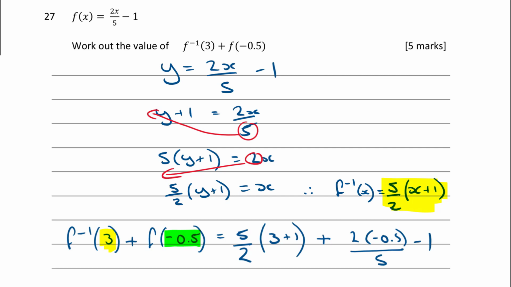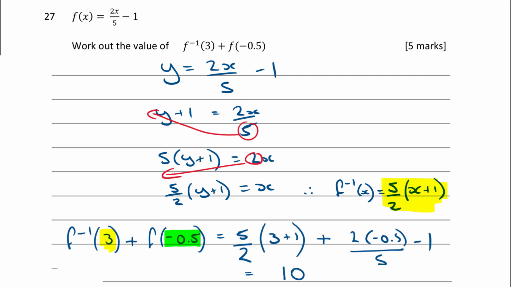Okay, let's see if we can simplify some of this now then. In that bracket I've got 3 plus 1, which makes 4. 4 times 5 is 20, and 20 divided by 2 is 10. So that first bit becomes 10. What have we got in the next part? Plus, well, it's going to become negative, isn't it? So I've got 2 times negative a half, which is negative 1, divided by 5. So that is minus a fifth.